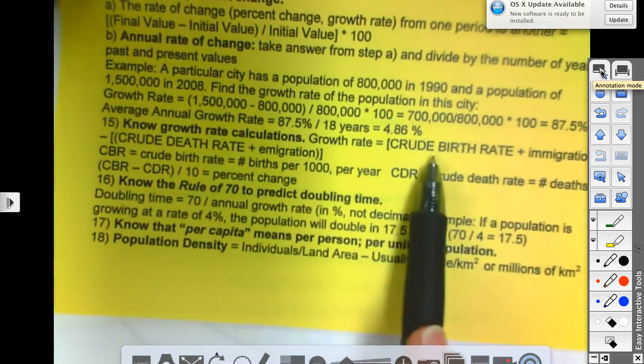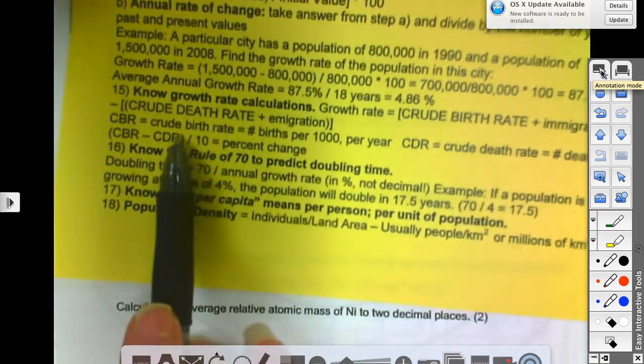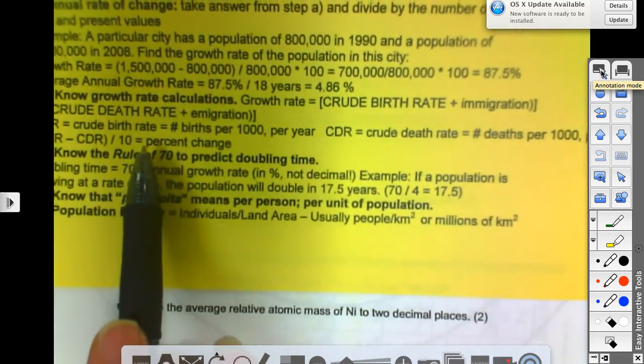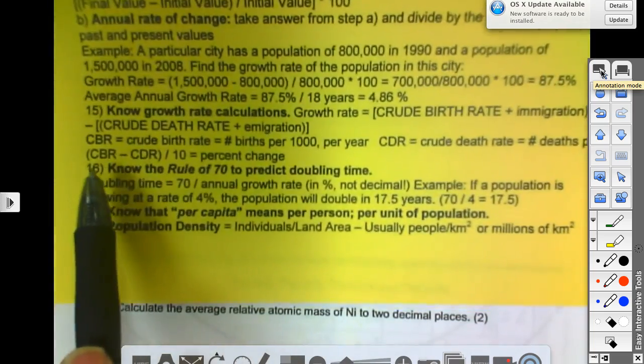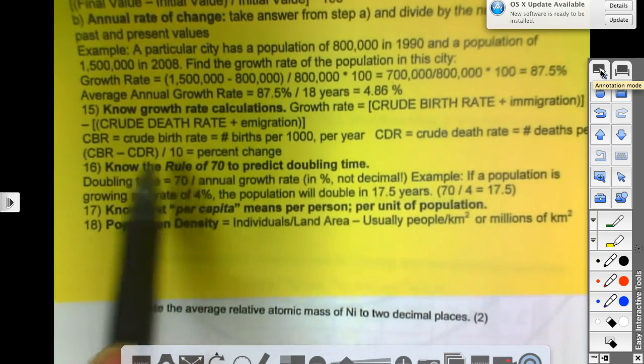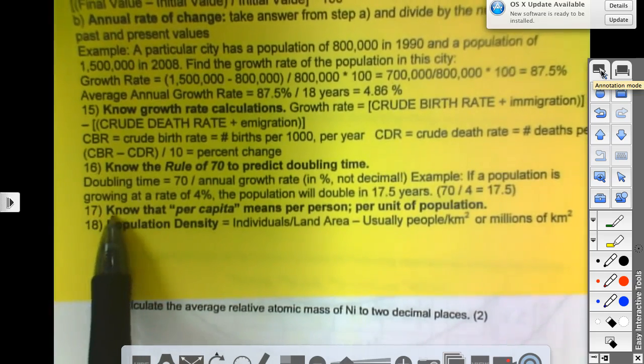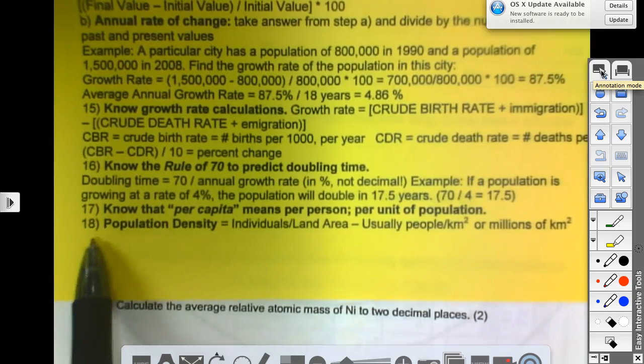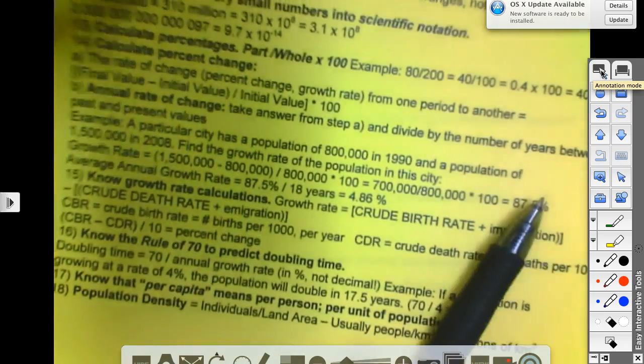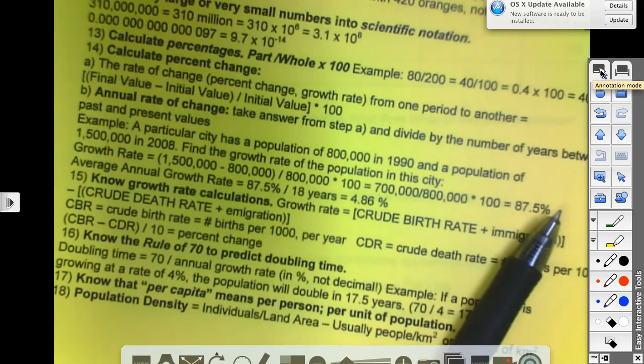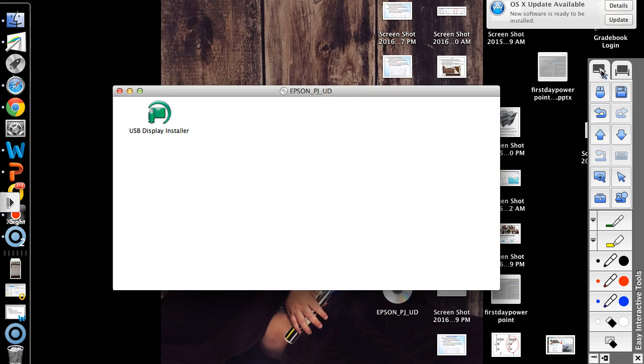Here is your crude birth rate and immigration, crude death rate, and immigration. I'm going to talk about 16, 17, and 18 real quick. There's a lot of math to this, sorry. I thought I was done. I was like, yeah, I did dimensional analysis. No. All right. Couple more things.